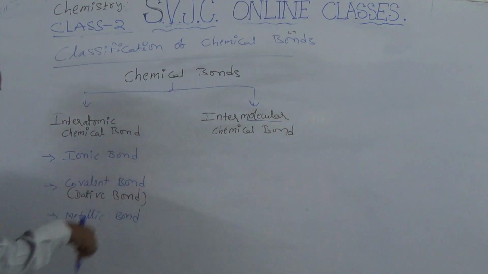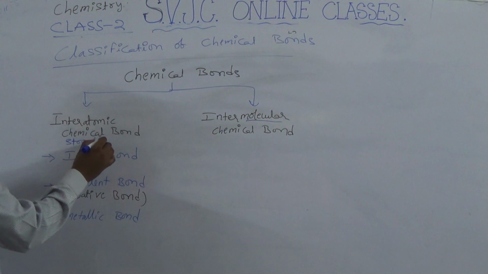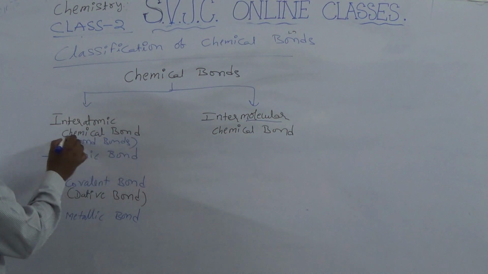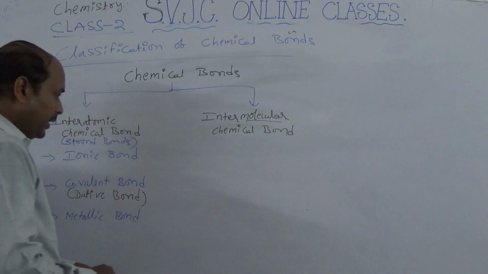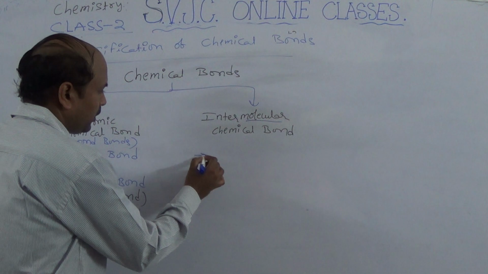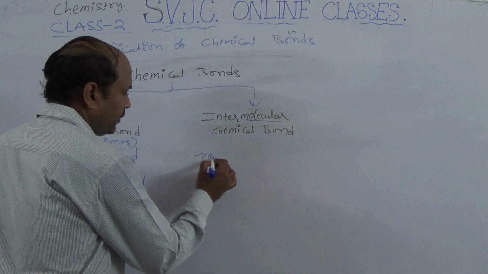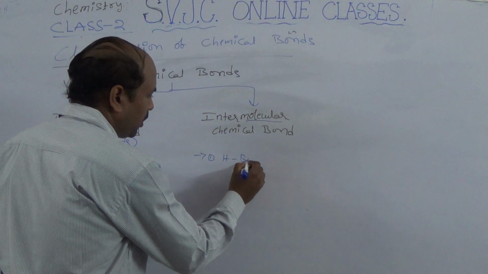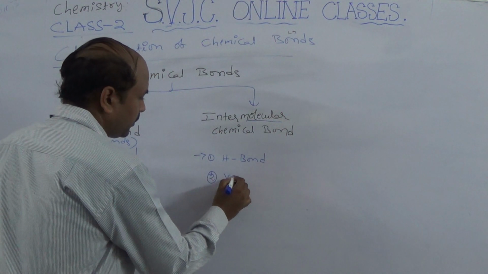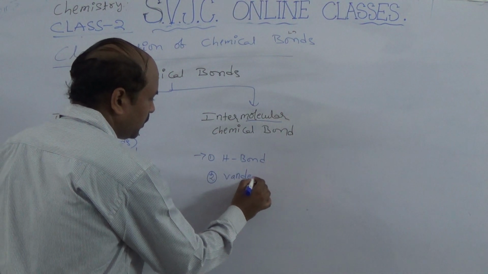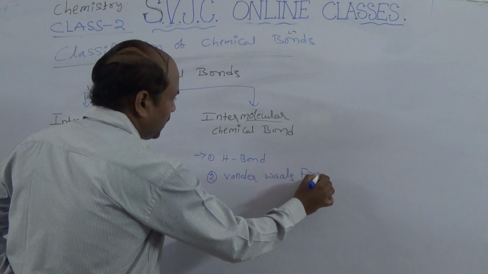These bonds are strong bonds, that means the attraction forces are very strong. Okay. Intermolecular chemical bonds are of two types. The first is the hydrogen bond, the second is van der Waals forces.